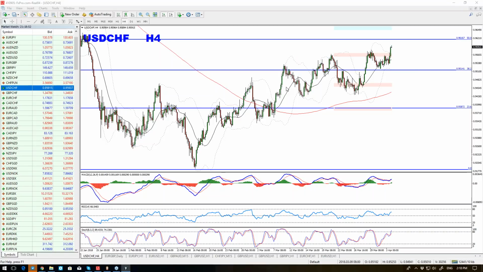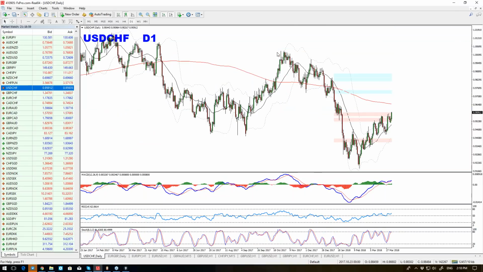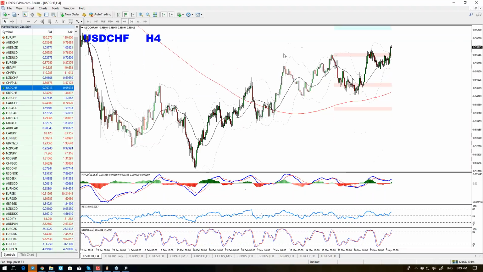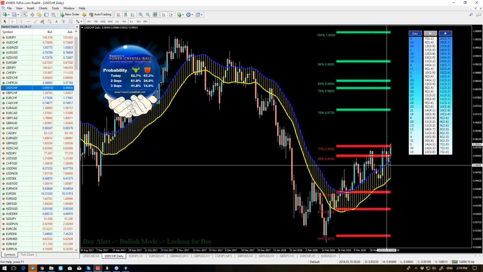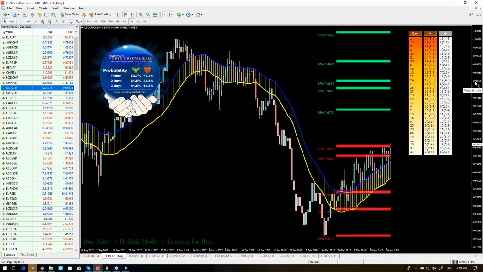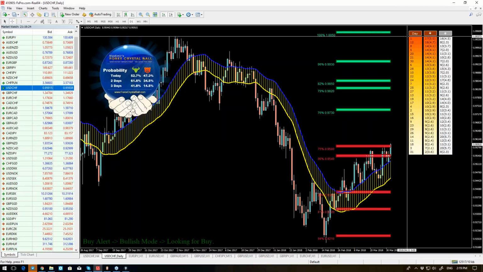And then we can start looking to sell the rallies. Meanwhile, in the current situation, dollar franc still remains acceptable for both directions, with currently bullish pressure on the very short term, but as I just showed, it's time to be careful with the zones we are approaching, also with the statistics. Okay, we are currently bullish, riding the tunnel, but we do need to pay attention to the beginning of the month.